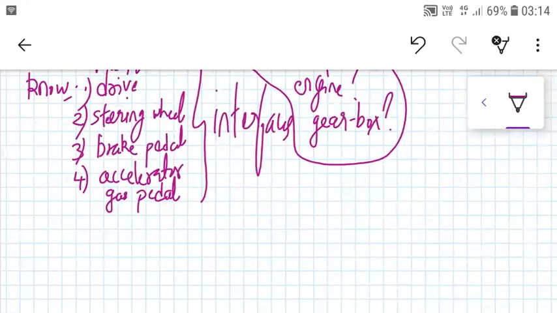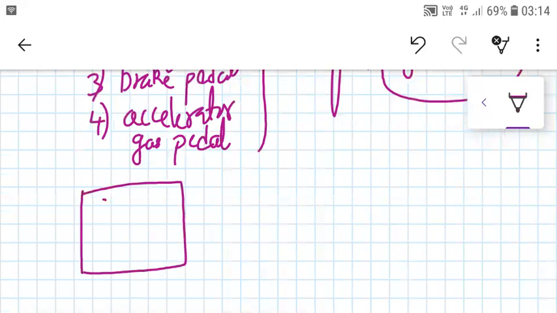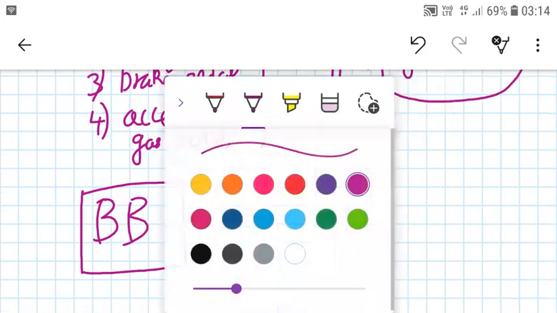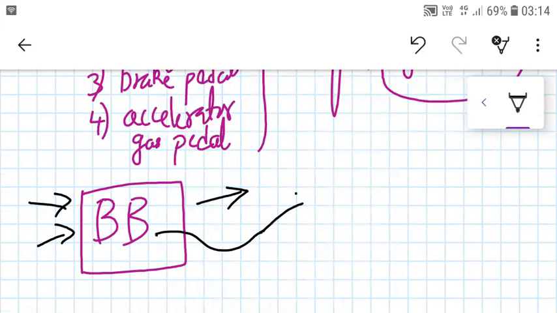Similarly is the case of an Opamp. Let's say Opamp is like a black box. This black box has some inputs and it gives some output. We are not interested in what's inside this black box. It can be a mystery.